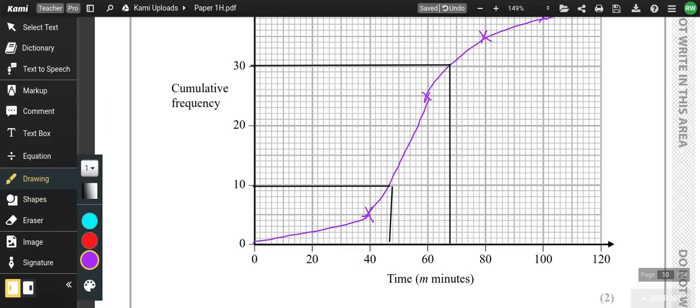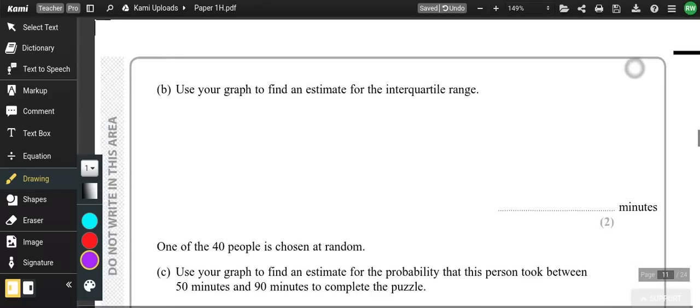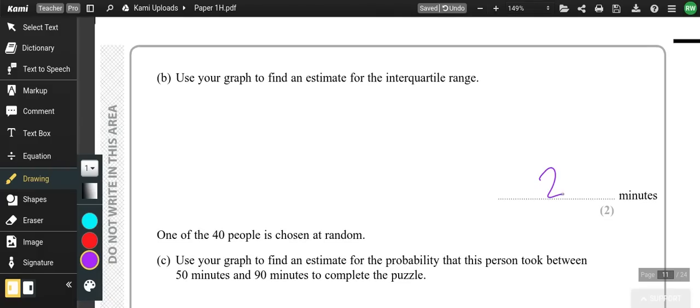So what we have here is each of these is going up in twos, so about 46 and 68. So subtract those two and you get 22 for the interquartile range.